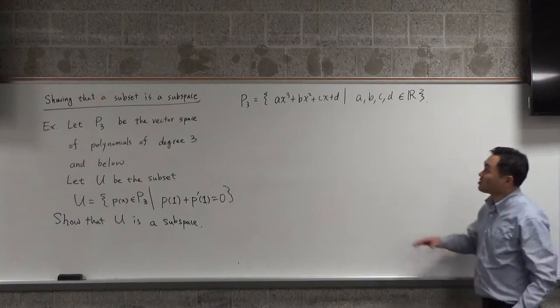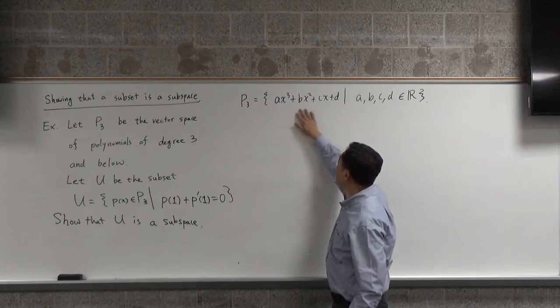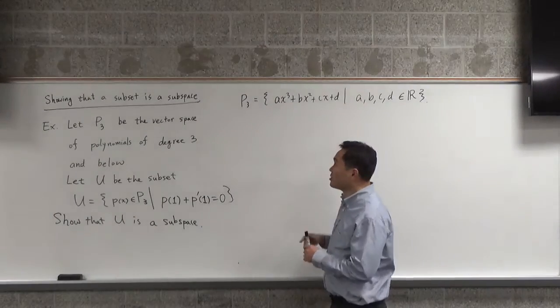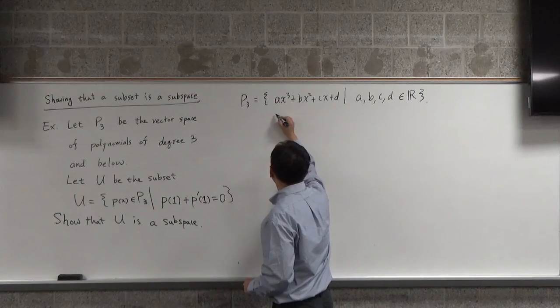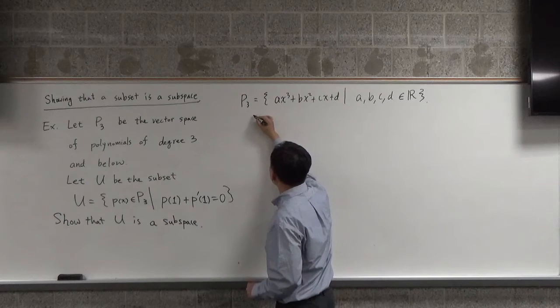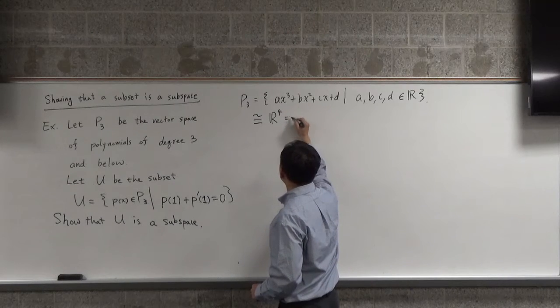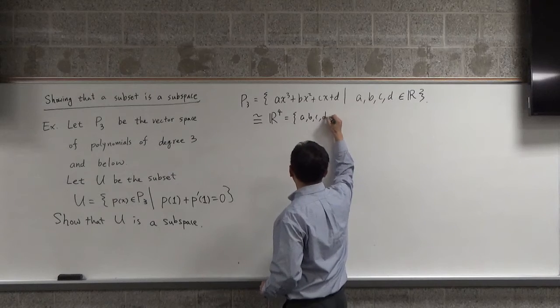For this one, it's kind of easy to see what this vector space is like. It's really just 4 numbers, right? So this is isomorphic to R4, which consists of a, b, c, d.